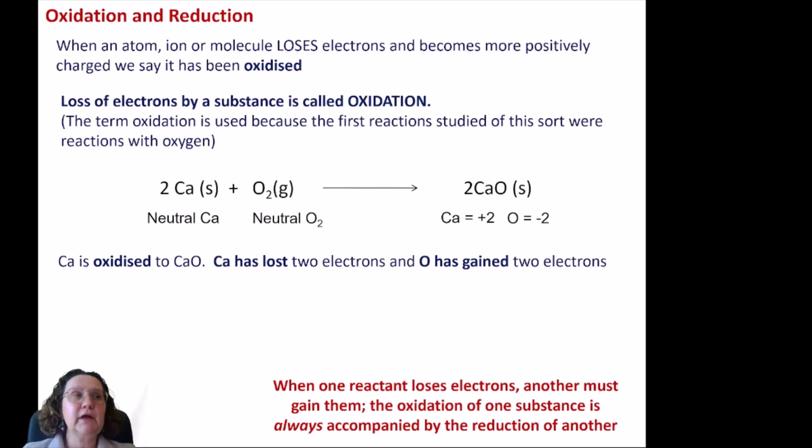When an atom, an ion, a molecule, a compound in general loses electrons, we say it has been oxidized. And when an atom, an ion, or a molecule gains electrons, we say it has become reduced. As I mentioned before, you cannot have an oxidation without a reduction, or a reduction without an oxidation. They must happen together because the electrons lost by one of them are gained by the other compound.